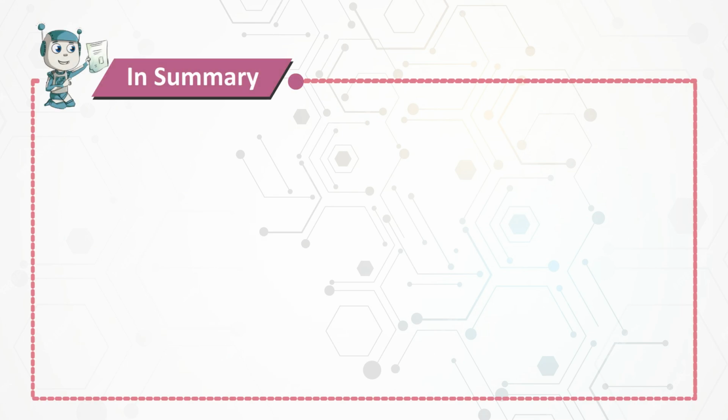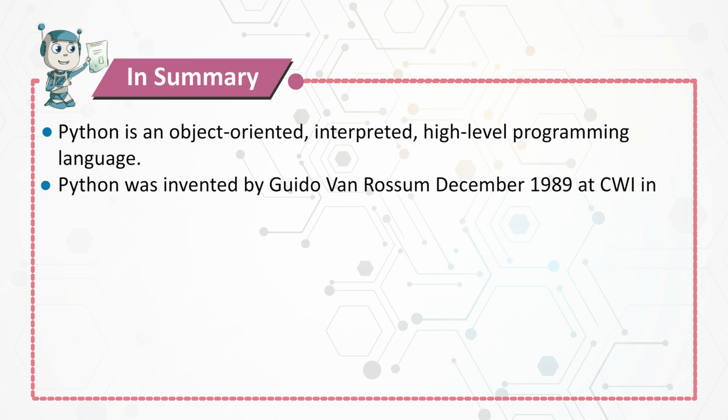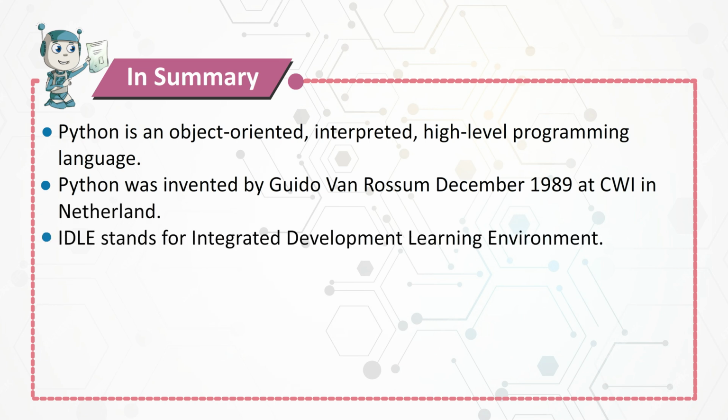In summary, Python is an object-oriented, interpreted, high-level programming language. Python was invented by Guido van Rossum in December 1989 at CWI in Netherlands. IDLE stands for Integrated Development Learning Environment.